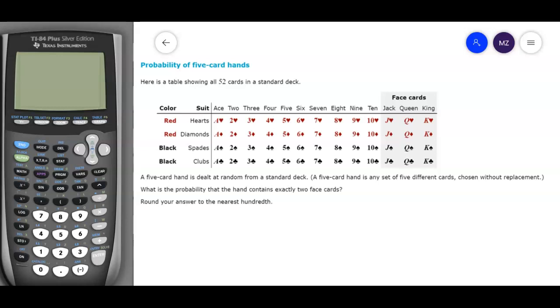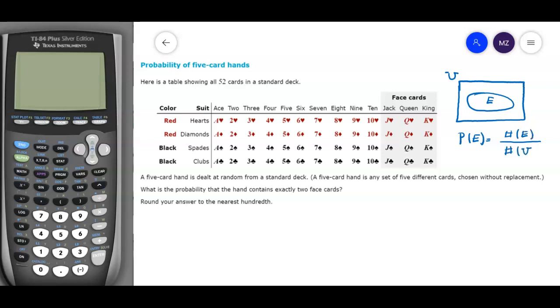Okay, so this is a probability problem with a deck of cards. Let me remind you first of all about the formula that we're going to be using. Usually, if we have a universal set, and a subset in it, let's call it E, the probability of any event E will be the number of elements in E divided by the number of elements of the universal set.